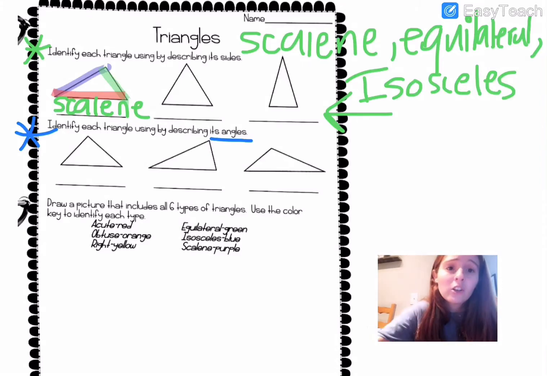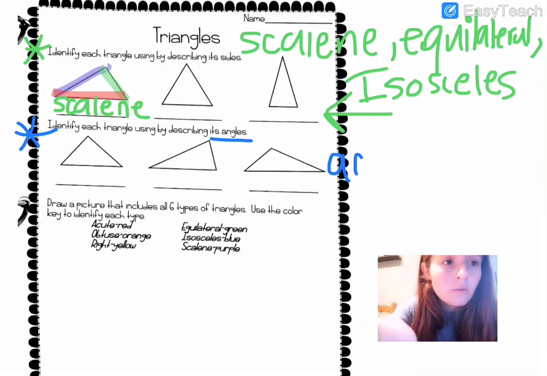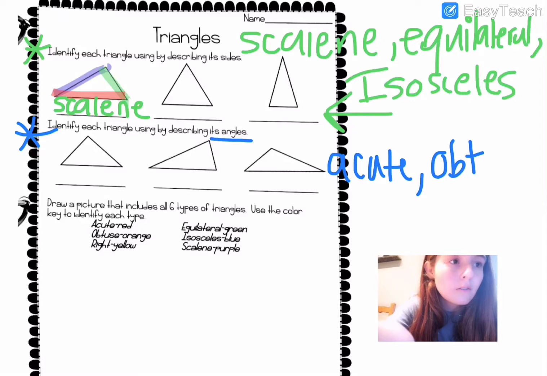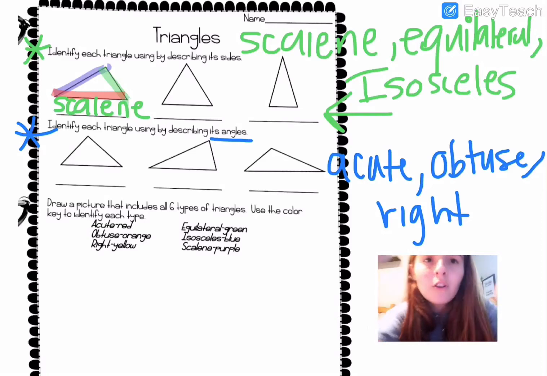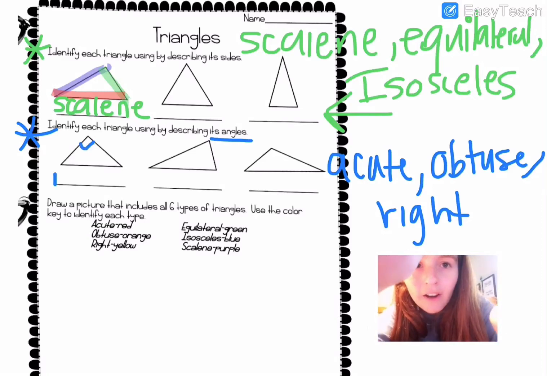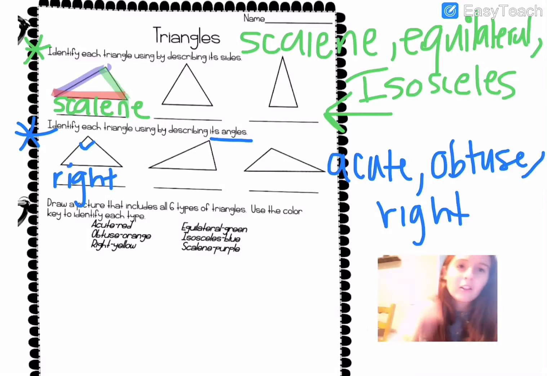So for that section, you're either going to write acute, obtuse, or right. Okay. And also, this picture is kind of a little difficult. Assume that this right here is a right angle and this is a right triangle, but I know it might look a little funny. There are no other right triangles on that section though.